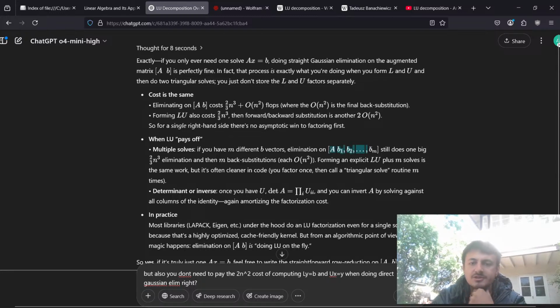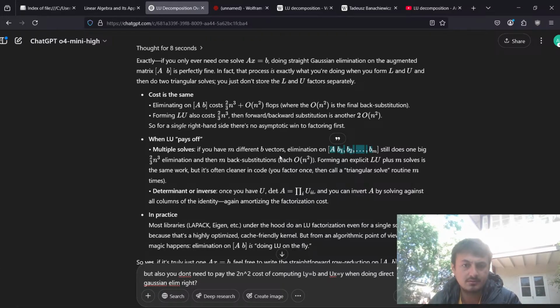Oh, yeah, I mean, you could just do this, right? If you have m different b vectors, elimination still does one big. So you don't actually.